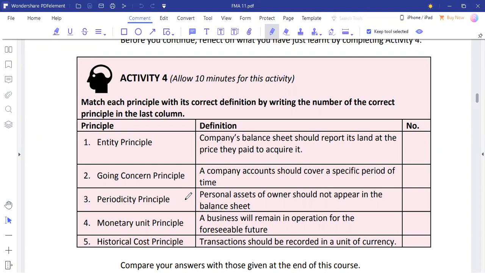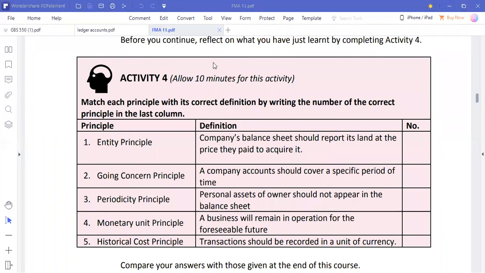Entity, going concern, periodicity, money unit, or historical cost? Which principle? Monetary. Monetary, are we agreeing? We should value the land at the price we acquired it. Historic. Yes, historic, 5.